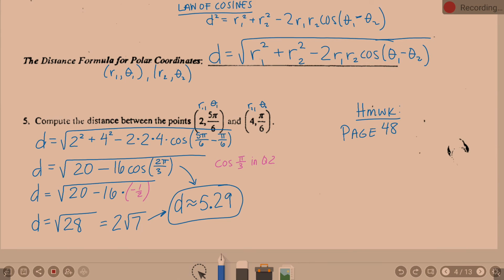Page 484, numbers 1 through 4, 7 and 8, 11 through 14, 27, 31 to 34, 51, 52, 58, 59, and 60. Now, up there I wrote it as 58 through 60.